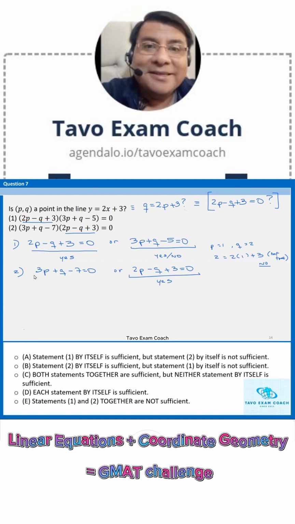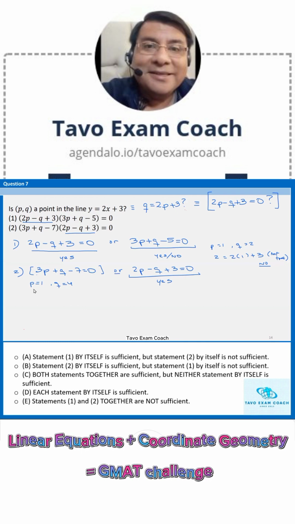But the former case doesn't necessarily yield an affirmative answer. Example, if p were 1 and q were 4, we know that 3 times 1 plus 4 minus 7 equals 0, right? So making this part of the OR affirmation true.